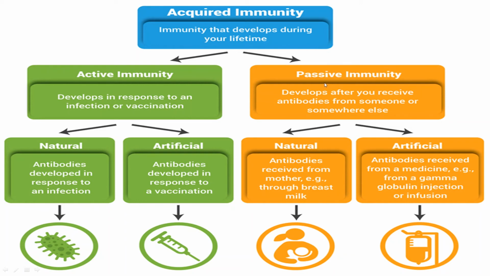And in case of passive immunity, we are getting antibodies from somewhere or from someone. So coming to natural passive immunity, we are getting it from someone, that is from our mother. At the time of birth, antibodies are received from the mother, that is through breast milk feeding. At first, to the newborn babies, the breast milk is fed.